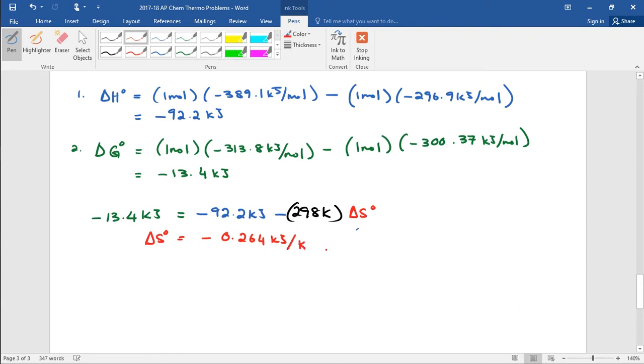But we know that we can't leave that in kilojoules per Kelvin because it is entropy, so we have to turn that into joules per Kelvin. So that's going to be 264 joules per Kelvin. Okay, so delta S standard is now negative 264 joules per Kelvin.